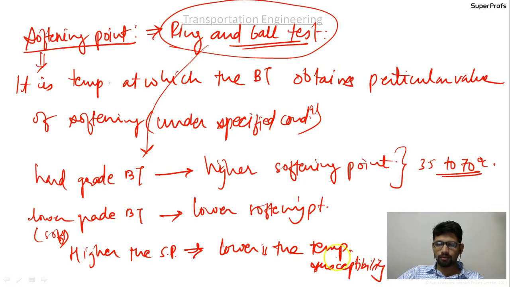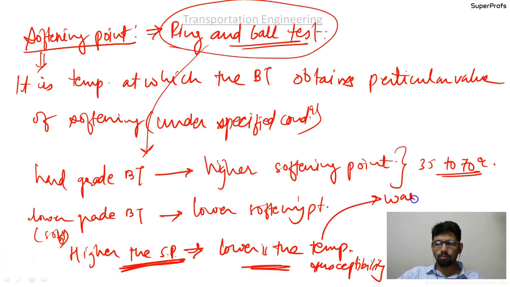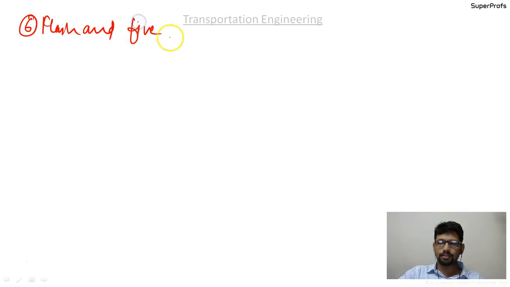I hope you understand what this means. So it is preferred in warm climates. Okay, so let's now discuss the next test, that is the flash and fire point test.